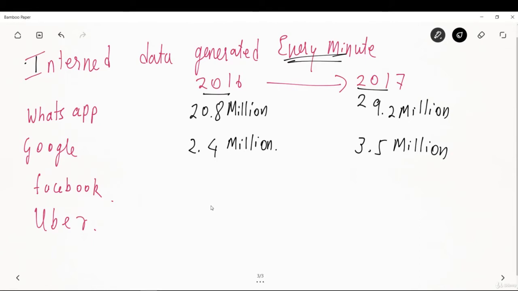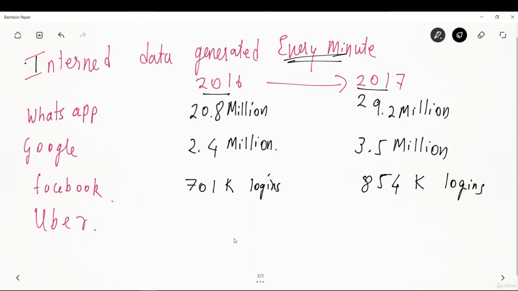Similarly, let's take the example of Facebook, which says that 701,000 logins took place every minute. So it was around 701,000 logins every minute, and it increased to around 854,000 logins every minute. So the number of users logging in every minute increased from 700,000 to 854,000.